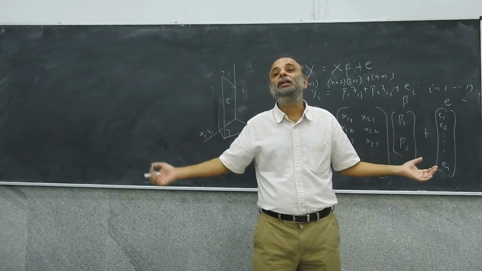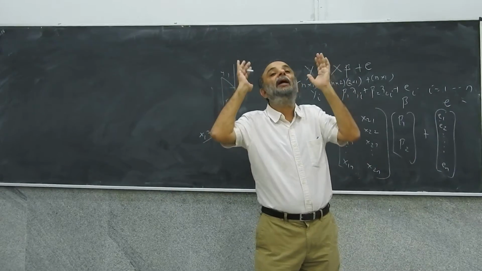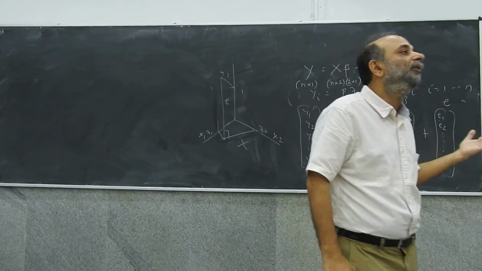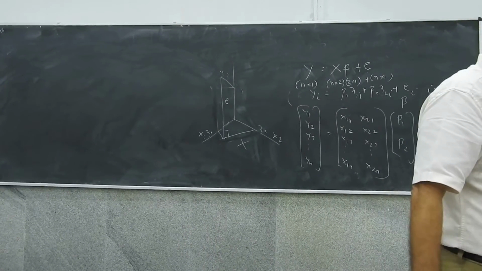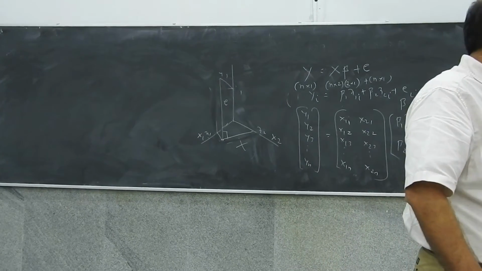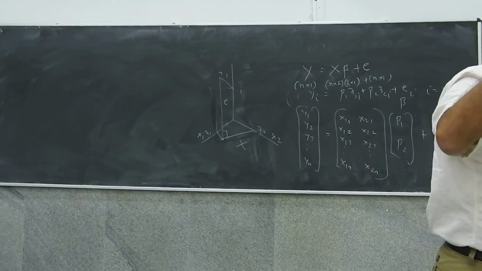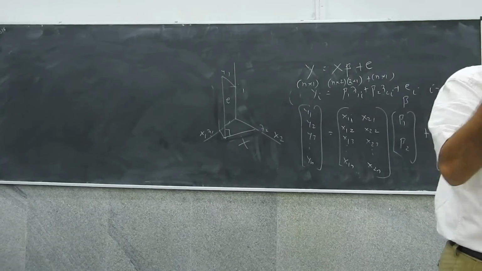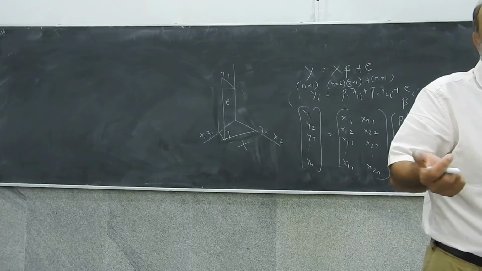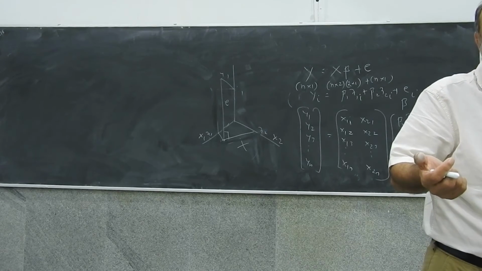So x1, x2, x3, x4, x5, up to xn are the n commodities you are consuming. P1, P2, P3, P4, P5 etc. are the n prices of those commodities, and summation pi xi, which is p dot x, is the dot product of the two vectors, p1 x1 plus p2 x2.